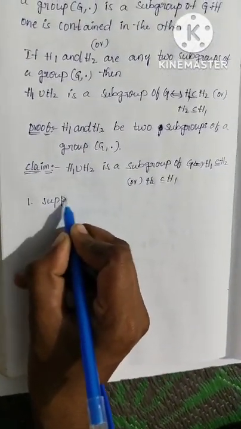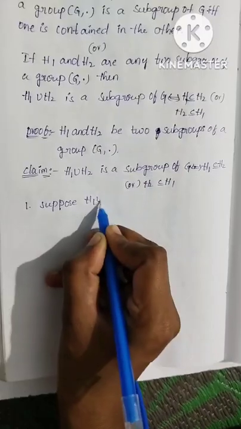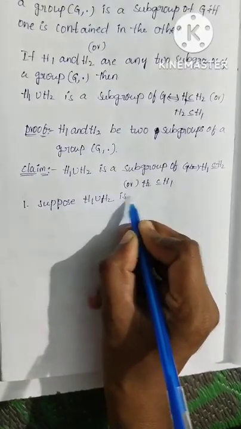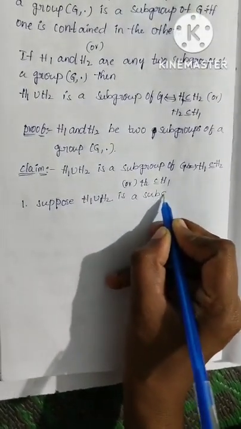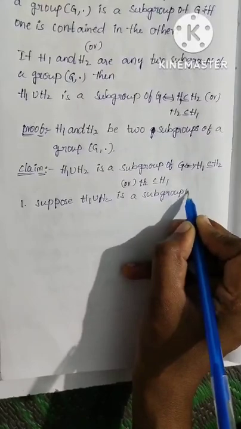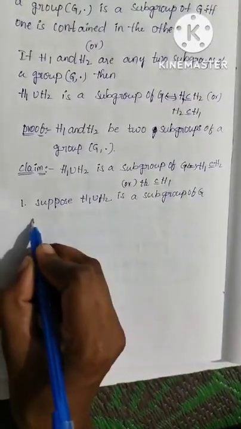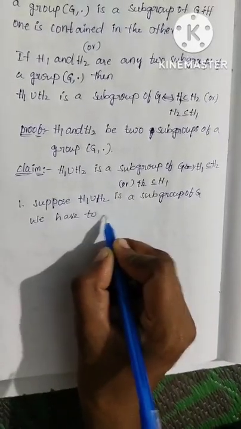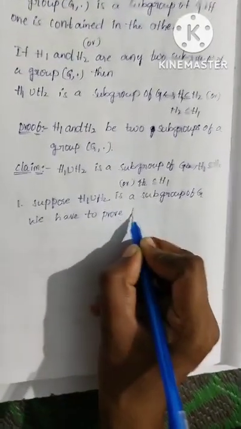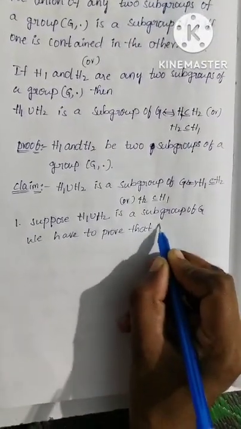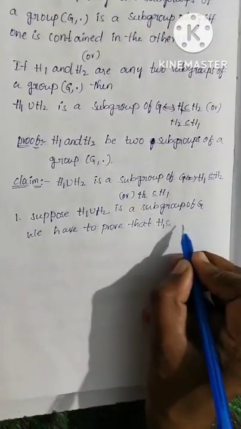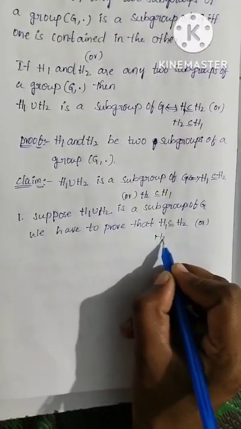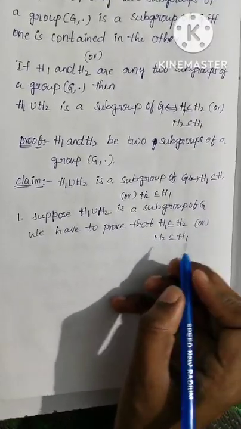Suppose H1 union H2 is a subgroup of G. We have to prove that H1 is a subset of H2 or H2 is a subset of H1.